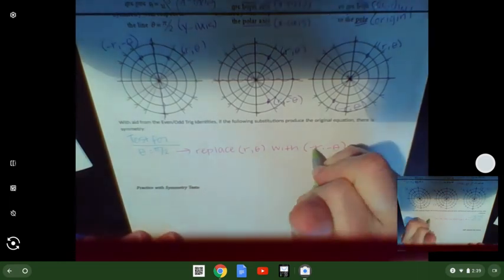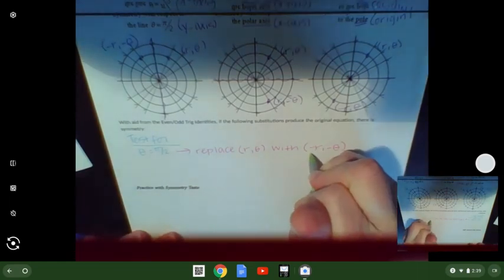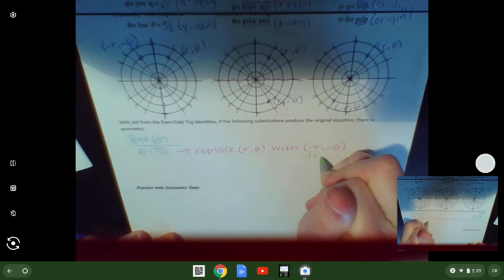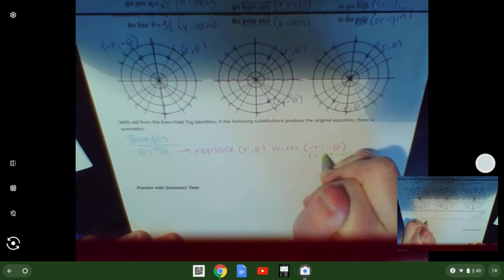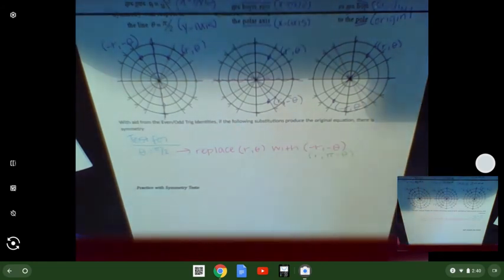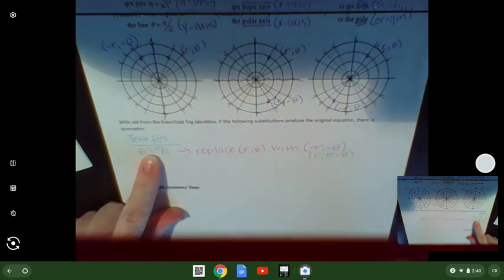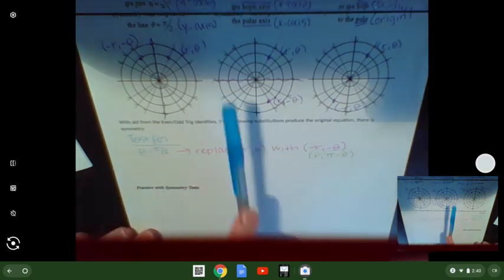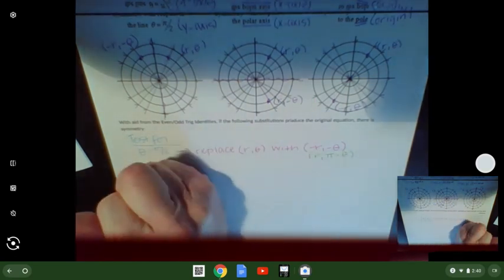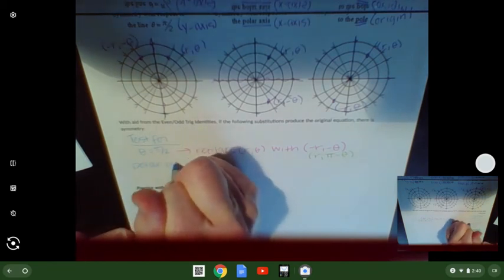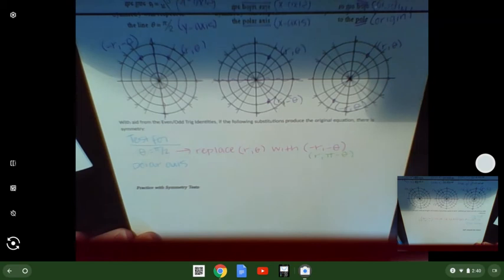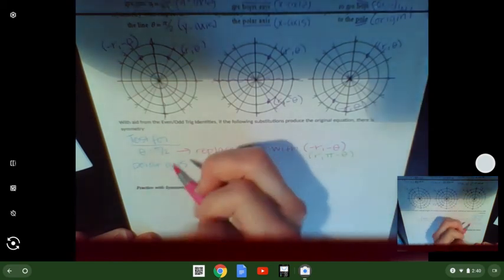But the other option is to test, rather than negative r negative theta, to replace it with r pi minus theta. And again, I'm only going to worry about the ones in the pink because I don't want to throw too many tests at anyone. So that would be our symmetry test for the line theta equals pi over 2. If we want to test for symmetry with respect to the polar axis, then we are going to replace r theta.